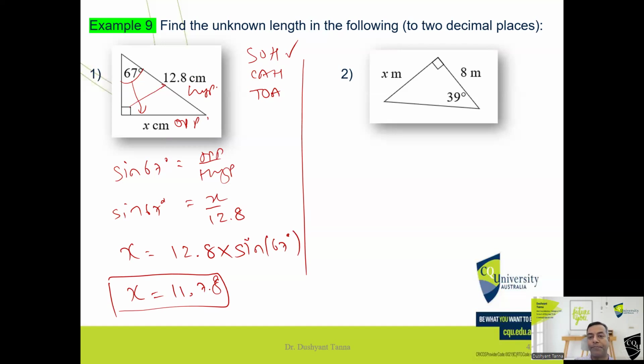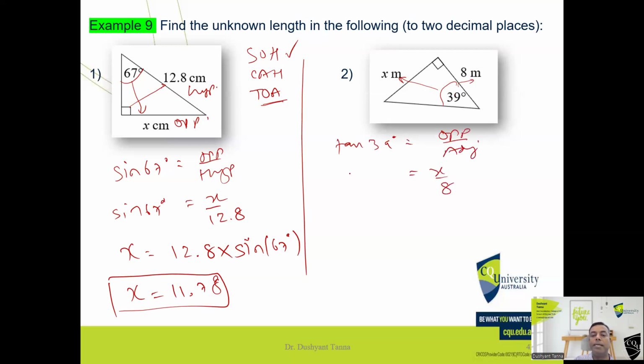Right, over here, we know an angle. We know the adjacent side. We wanted to find the opposite side. So adjacent and opposite means tan. Tan 39 is opposite over adjacent.